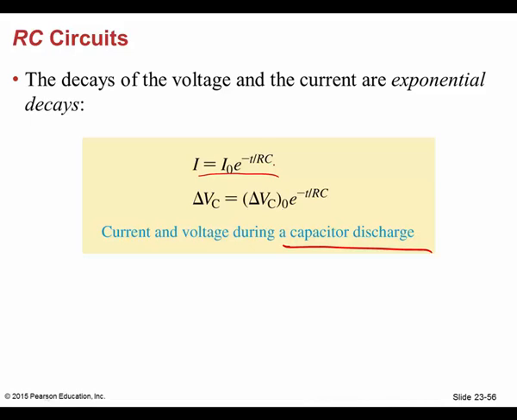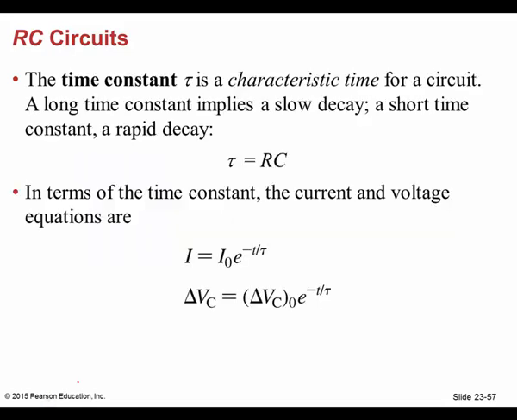Now, t over RC, that of course is your time constant, tau, and we'll get to that in a minute, okay? So notice, and yes, it is a negative exponent, okay? And for the discharging capacitor, the voltage is equal to the voltage across the capacitor initially times e to the negative t over RC, okay? And so there's your equation.